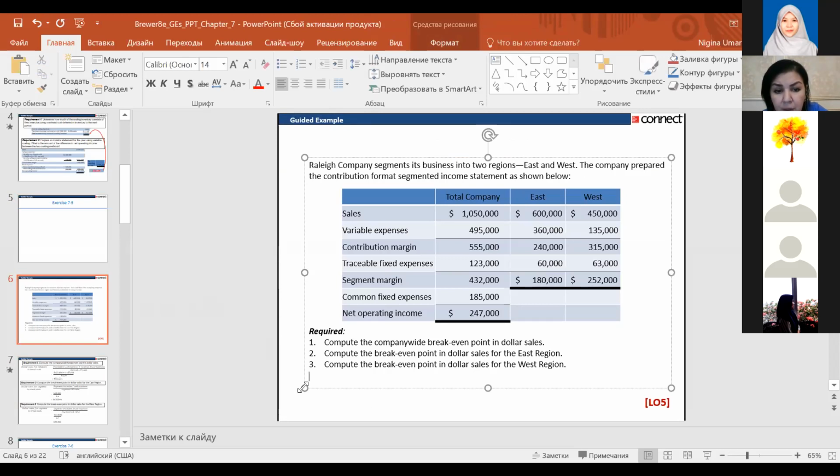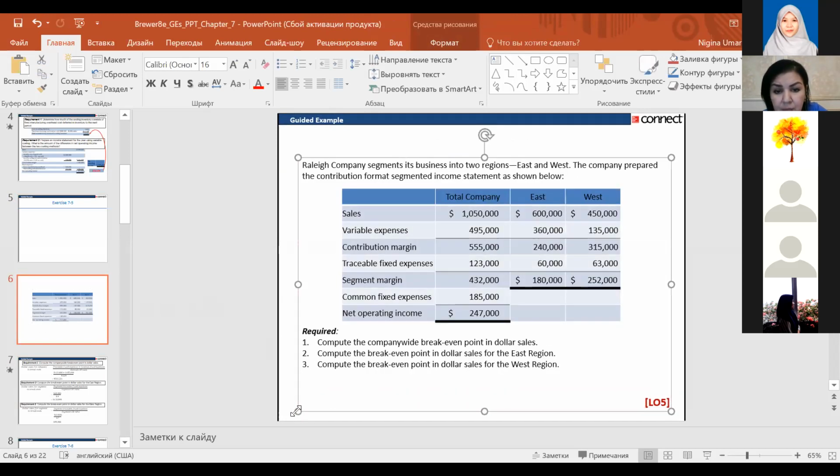So how can we compute this? Do you remember? Compute the company-wide break-even point in dollar sales. Fixed cost divided by contribution margin. Yeah, contribution margin ratio, right?